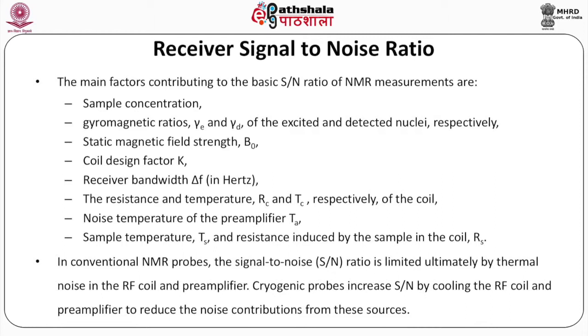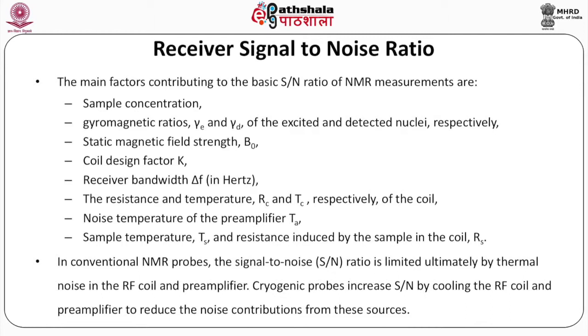Then there are factors related to the probe, coil design factor K, receiver bandwidth delta F in Hertz, the resistance and temperature RC and TC respectively of the coil, noise temperature of the preamplifier TA, sample temperature Ts and resistance induced by the sample in the coil Rs.